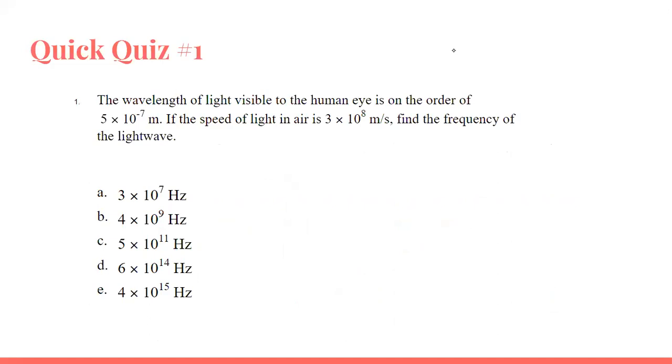And we know that the speed of light is essentially 300 million meters per second. So with this information, we're asked to find the frequency of the light wave, given that we know its wavelength and its speed. So I'll let you try that question. I'll give you maybe a minute to figure it out.